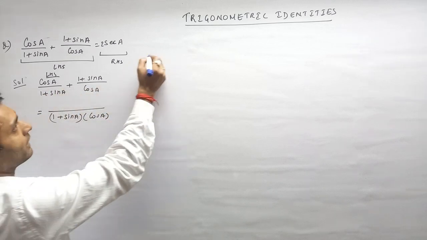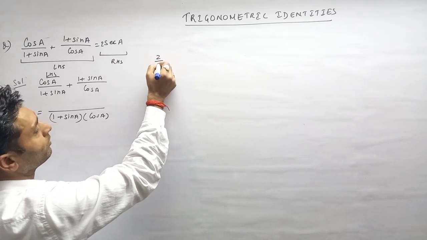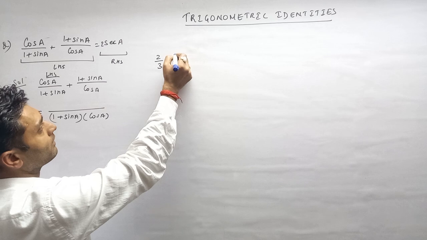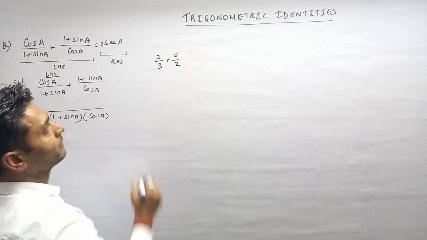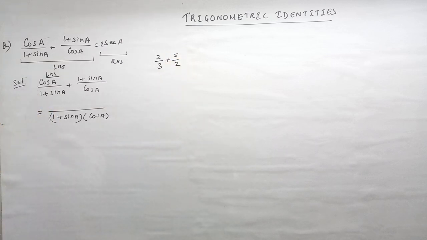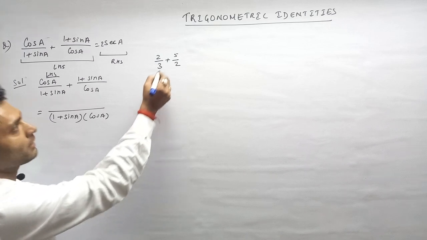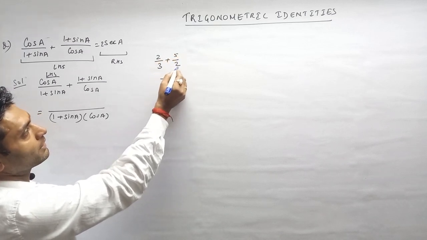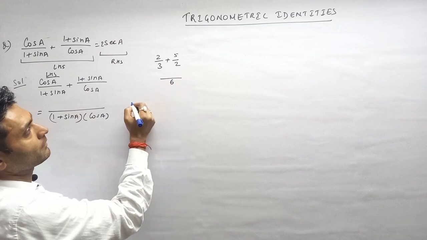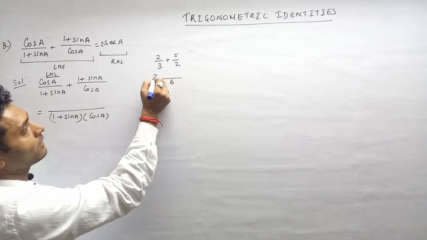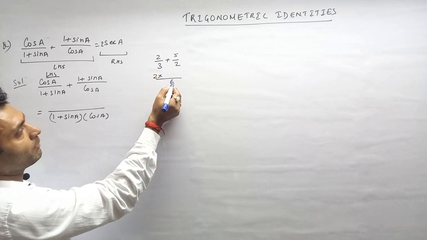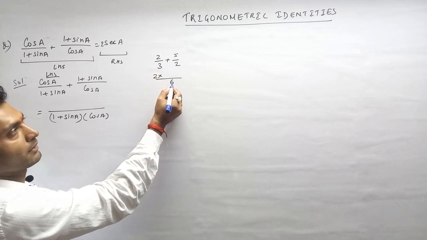So I'll just give an example to you. Let's say 2 upon 3 plus 5 upon 2. How are we going to find the sum of these two fractions? First we'll find the LCM, that is 3 into 2 is 6. Now 2 upon 3: 3 should be multiplied by what to get 6?